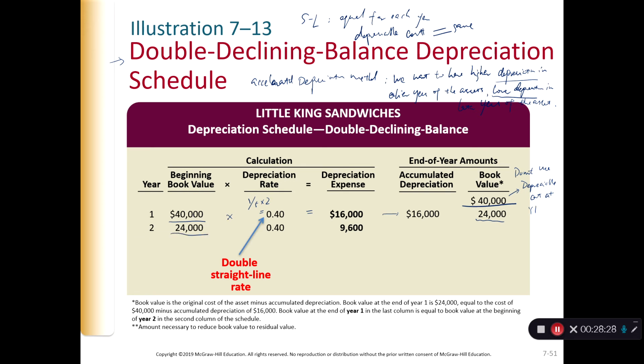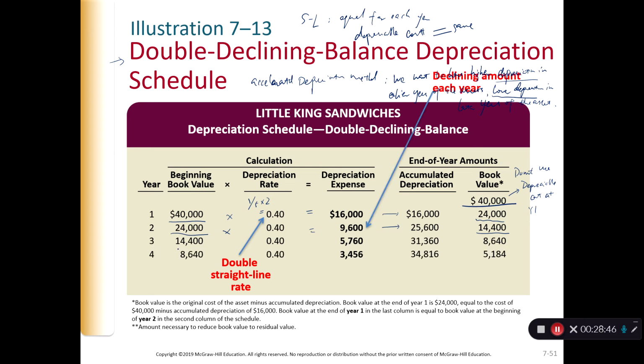Then in year two, of course, you use the book value, whatever is left, and multiply by the double declining rate of 0.4, and you get 9,600. Hence, the accumulated depreciation becomes 25,600, and your book value decreases even more to 14,400. Year 3, you use 14,400 multiplied by the double declining rate, which is 40% a year.